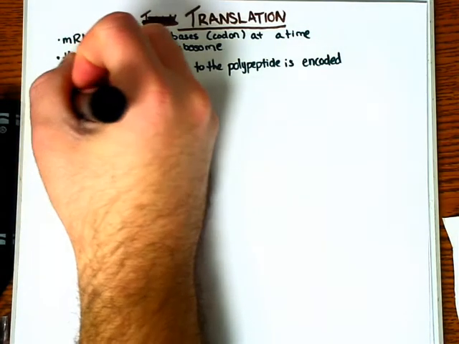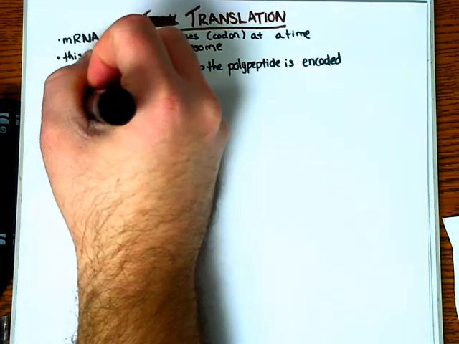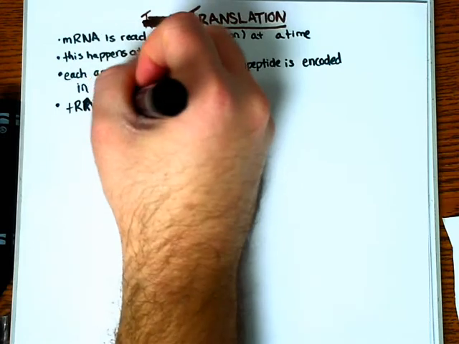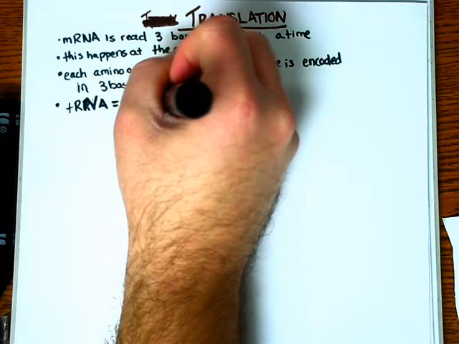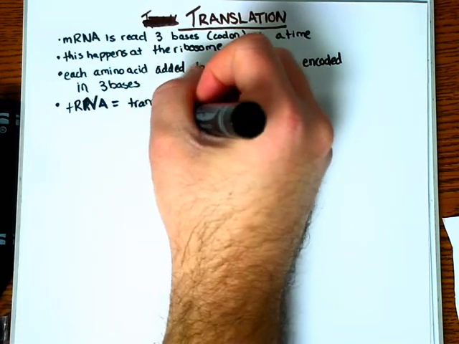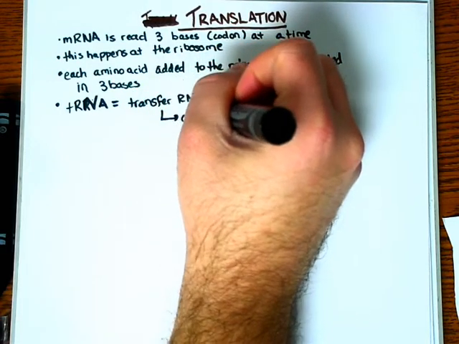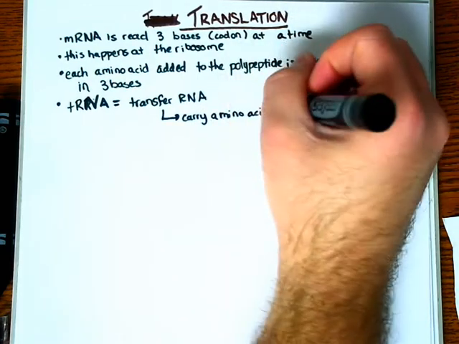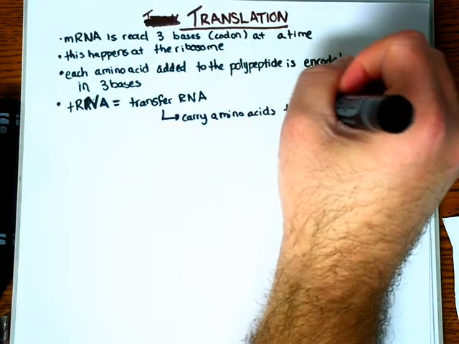So we'll need to discuss the role of tRNA. The T there stands for transfer, so this is transfer RNA. And its function is going to be to carry amino acids to ribosomes.